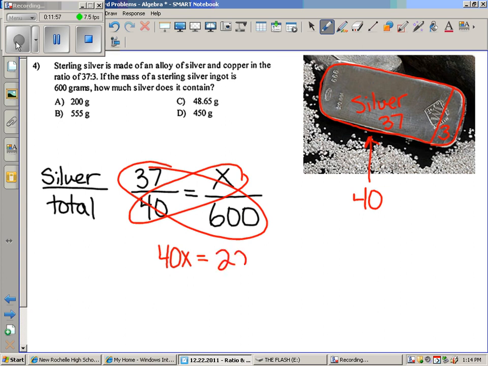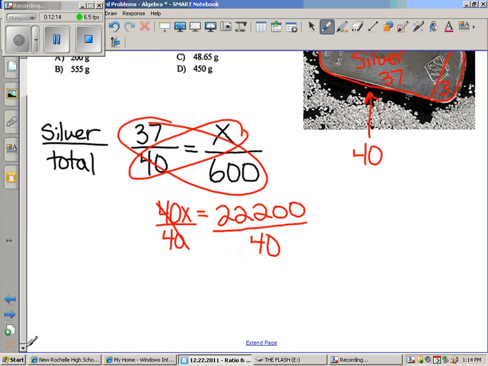I think it's 22,200, but I could be wrong. Yeah, you're right. Very good. You have to be able to do that when you're negotiating with people for money. Divide that by 40, and I think it's like 555 grams. Yeah.